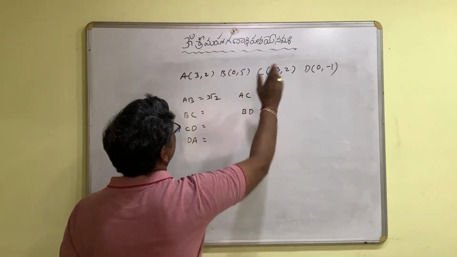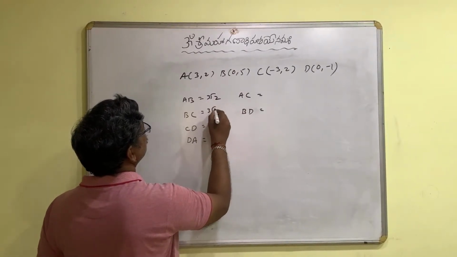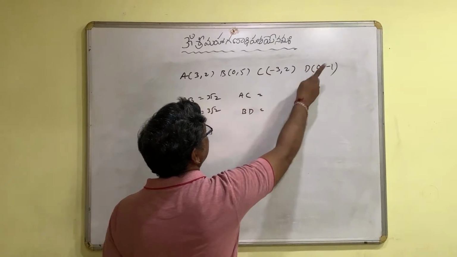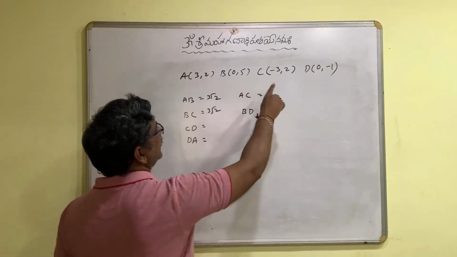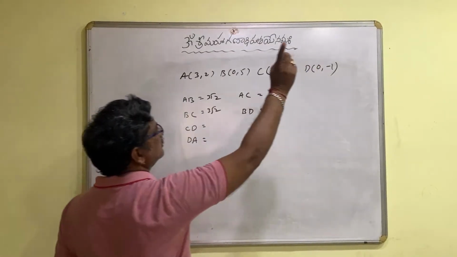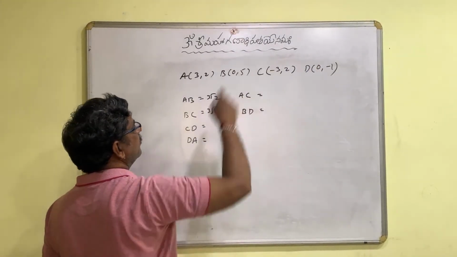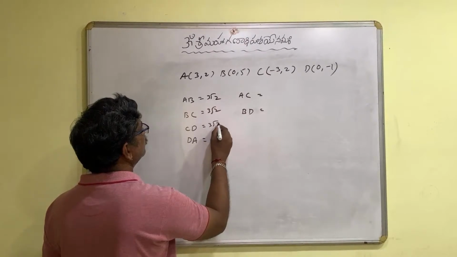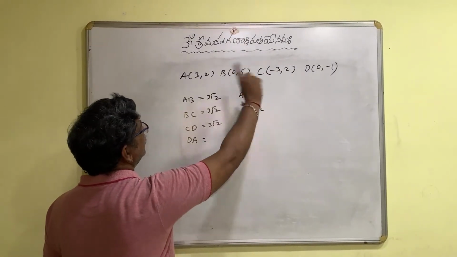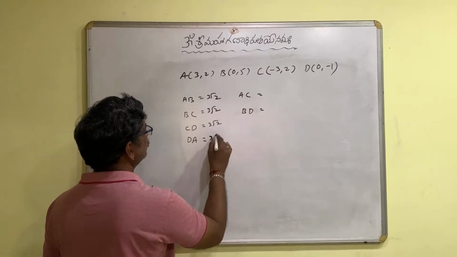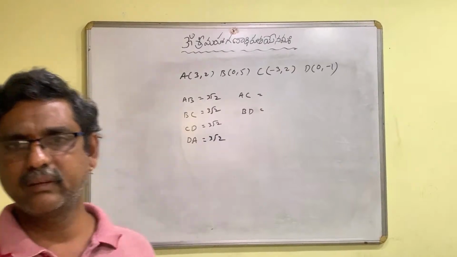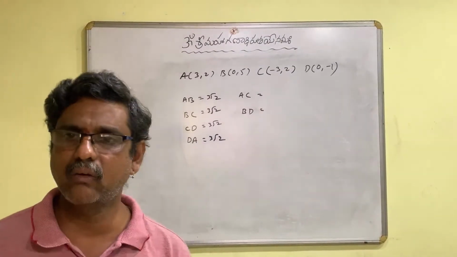This is also 9. Again 3√2. CD: minus 3, 0, 3, 3 square 9; 2 minus half minus 1, 2 plus 1, 3, 9 only. That is also 3√2. And AD, 9, 9, that is also 3√2. So all the sides are equal to 3√2.